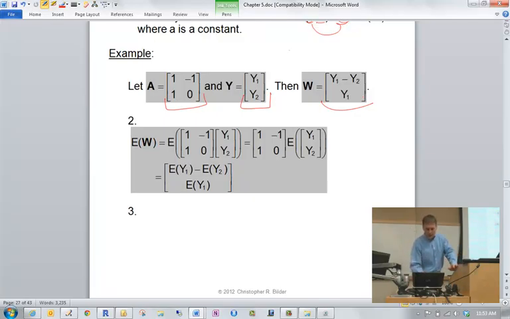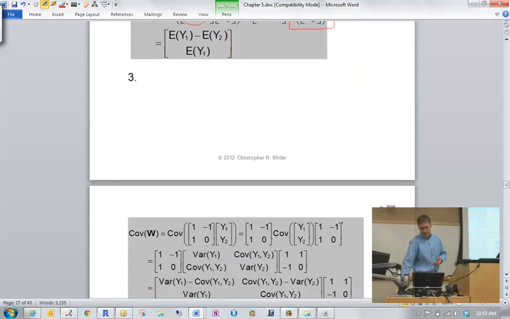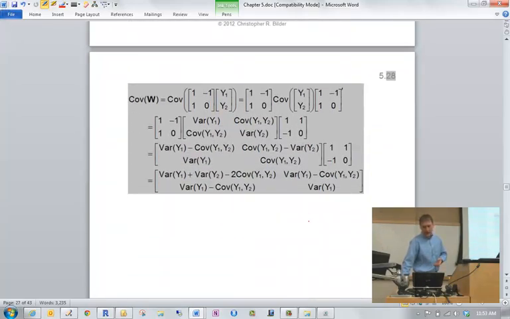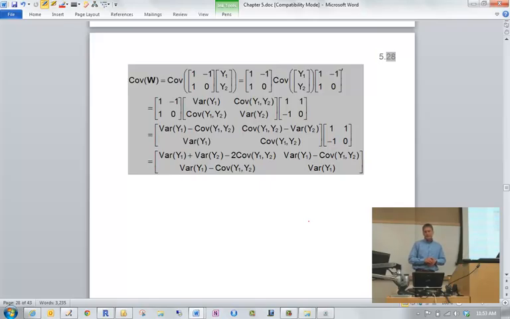Expected value of W, take this matrix and I move it out, and I get expected value of Y here. Do the math, you see the result. And you can look at number 3 on your own, and you can see how working with these covariances ends up moving this A matrix out.